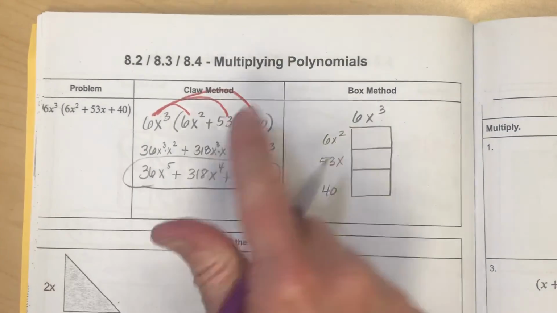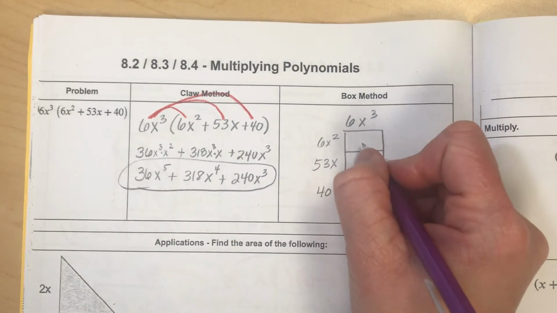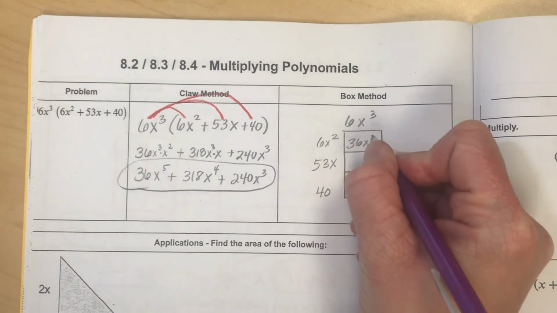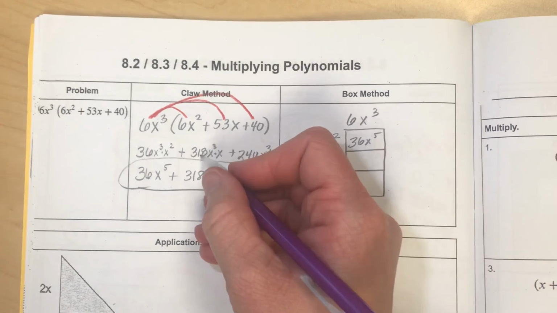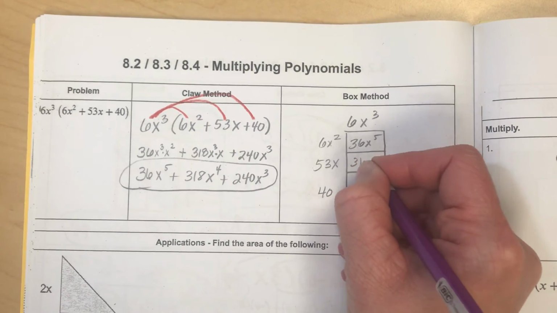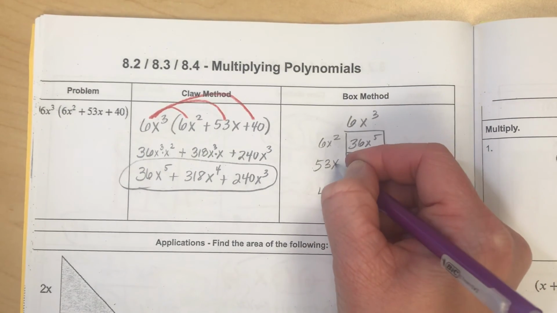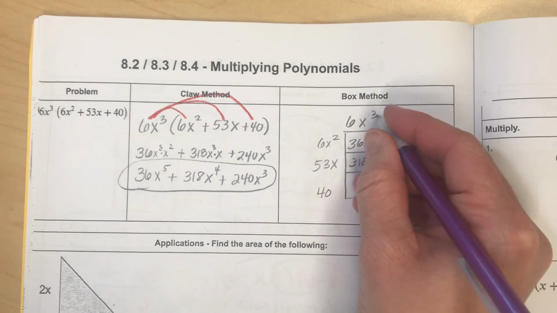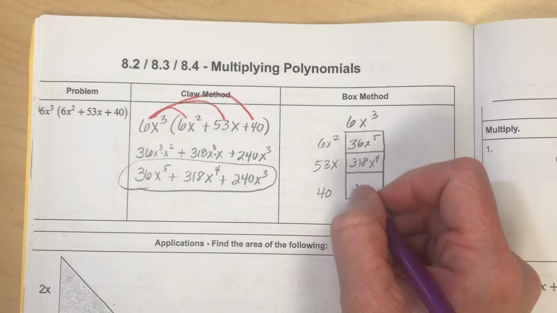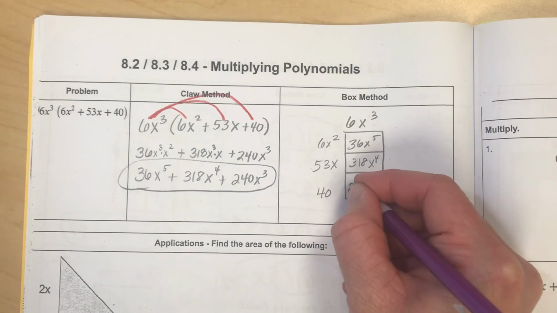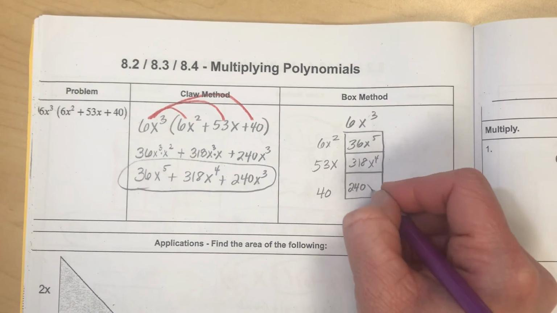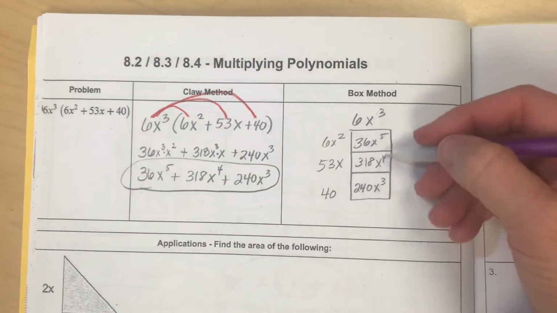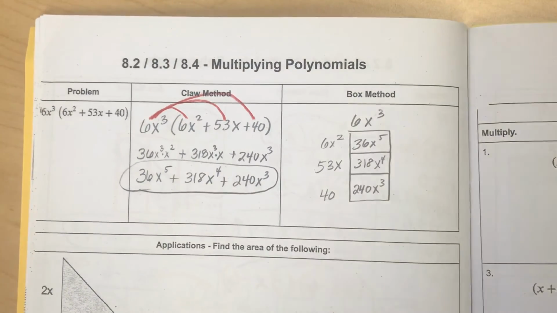So again, the same exact thing, 6 times 6, 36x to the 5th. 6 times 53, I already did that over here. I'm going to cheat and use that. x cubed times x to the first power would give you 4 total, because 3 here times 1 more. And 6 times 40 is 240x cubed, and I'm not multiplying any more in. So those are the 3 terms that match what we had before.